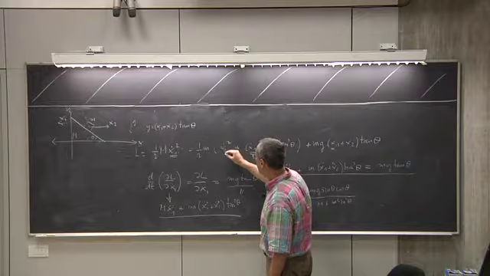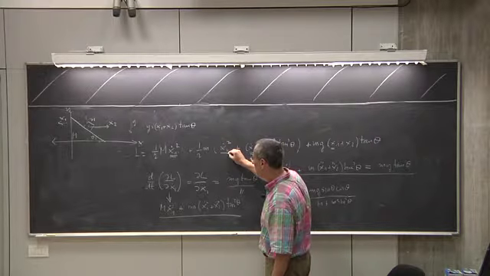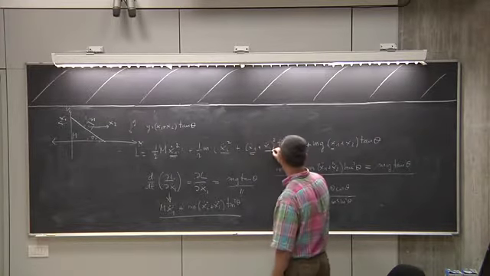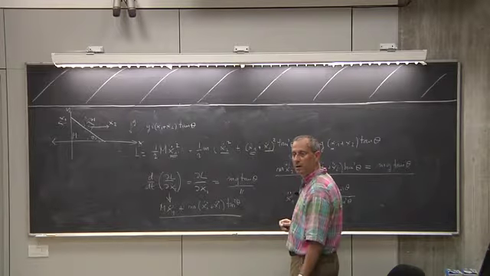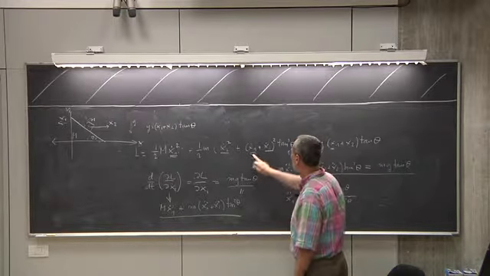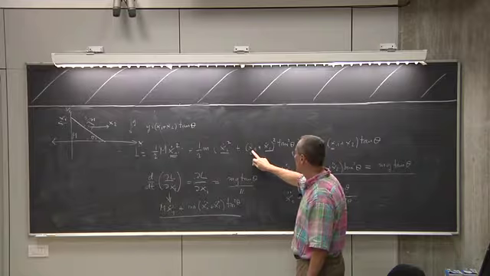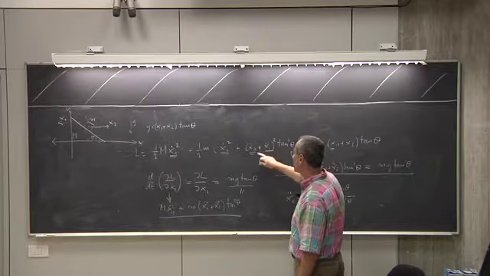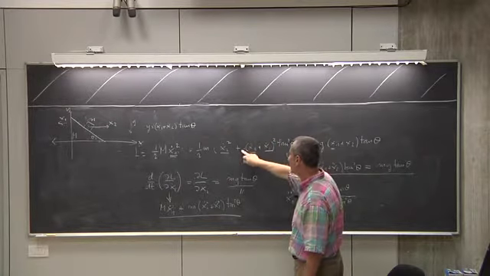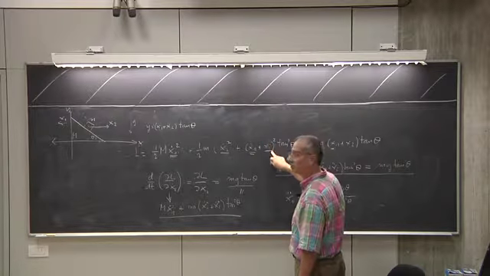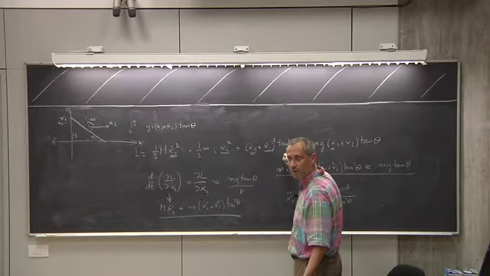So I take this term here. But what is the partial derivative of this? It's twice x1 dot x2 dot tangent square.